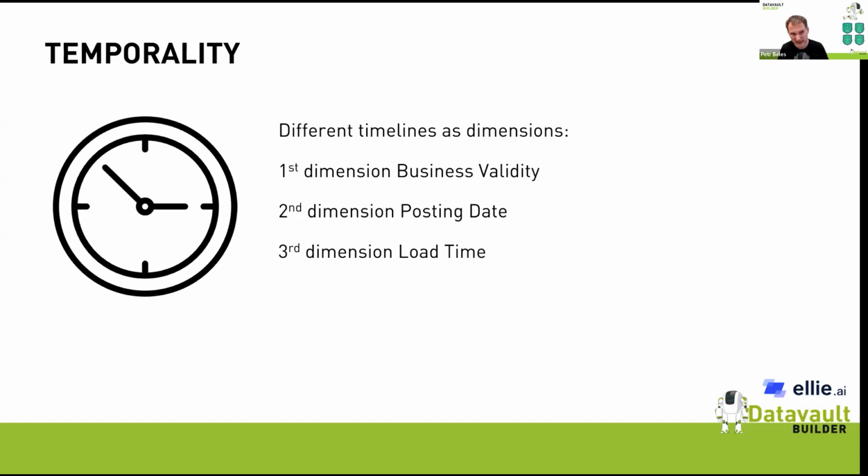We have different instances of this, and this is something that we can model in the Datavault Builder by creating, besides the contract element, a contract instance element representing the different versions of the contract that were valid at any point in time. I will not focus on that. If you're interested in that, there's a whole blog series of about 4 articles on our webpage explaining exactly the different steps, how you can simplify it, how you can model it.